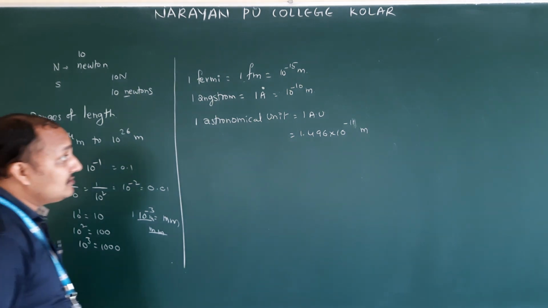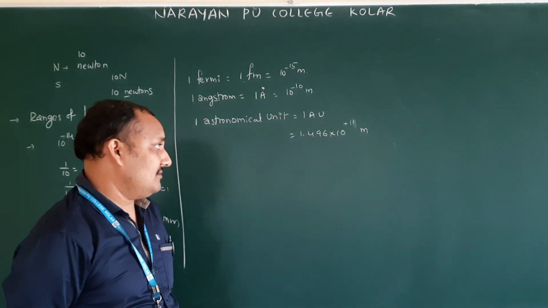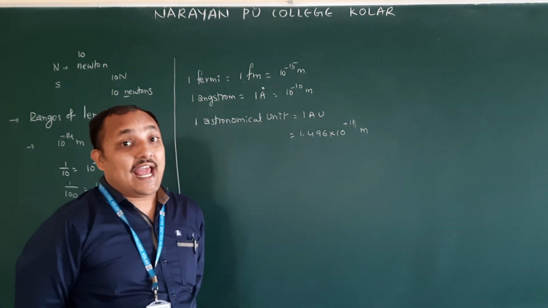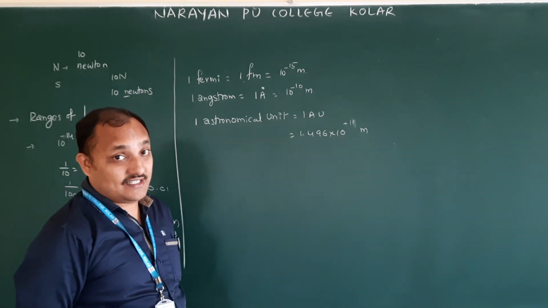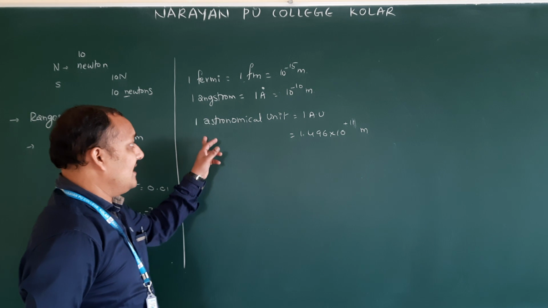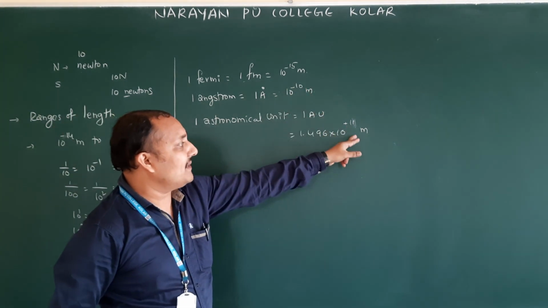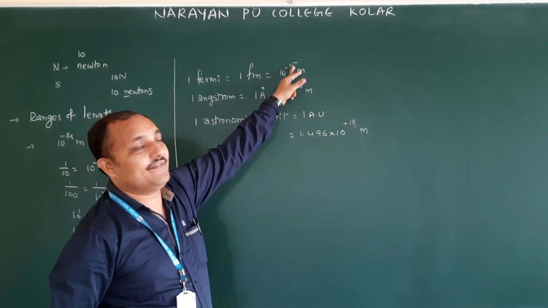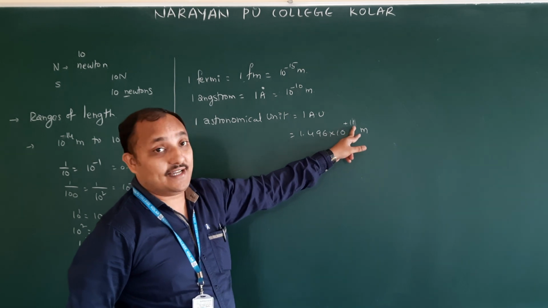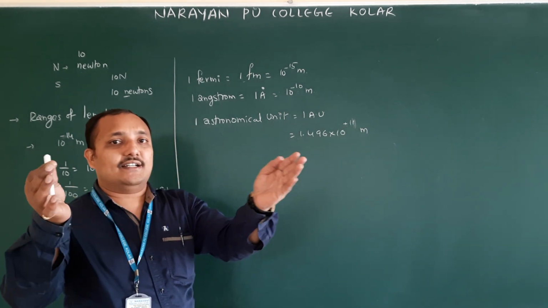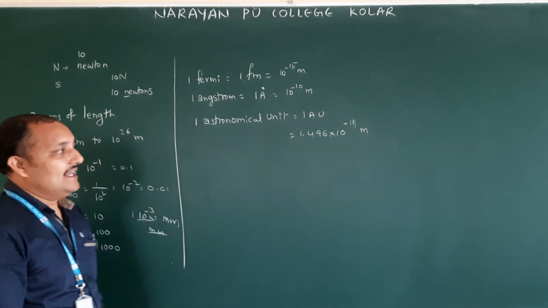Sorry, not minus, this is plus, because this is a large distance. What is the definition of astronomical unit? The average distance between the sun and the earth is called an astronomical unit. This is also a distance, and I am saying meter. 10 power minus 15 and 10 power minus 10 are very small distances. This is a little bit large, plus 11. The distance between sun and earth is very big: 1.496 into 10 power 11 meters.